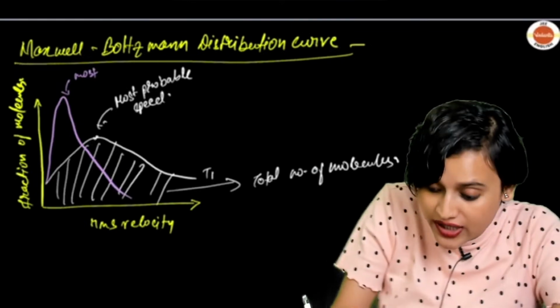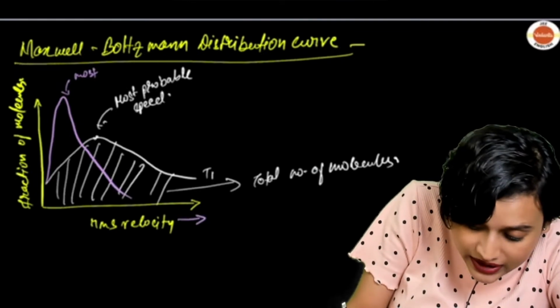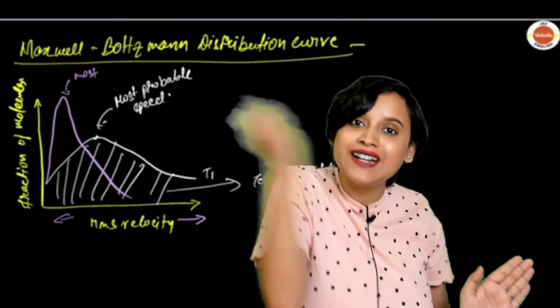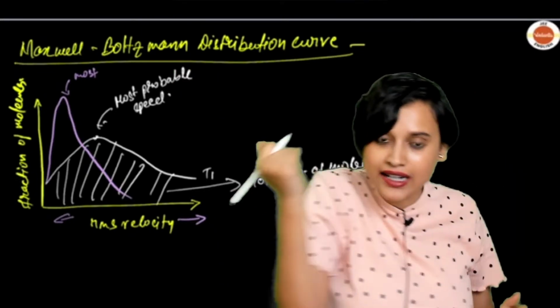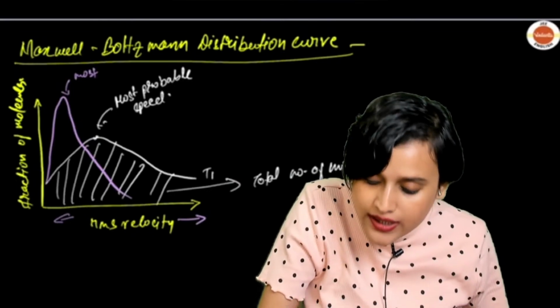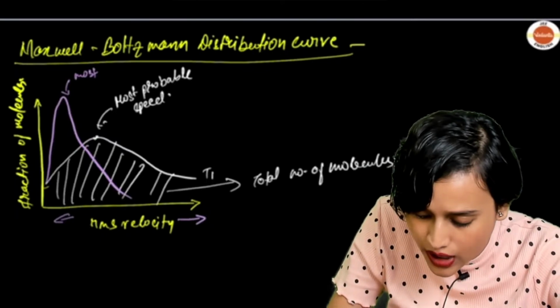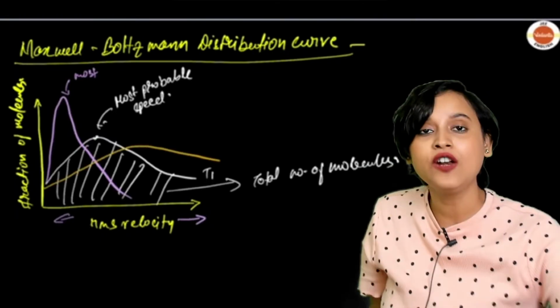See the RMS velocity. This side it is increasing, but when you go to the left, the velocity is decreasing. Then he went a little further and increased the temperature. The graph became flatter.